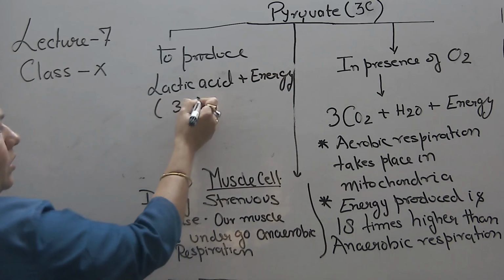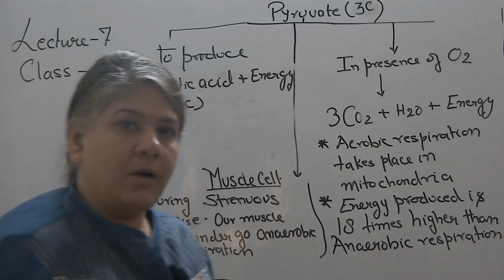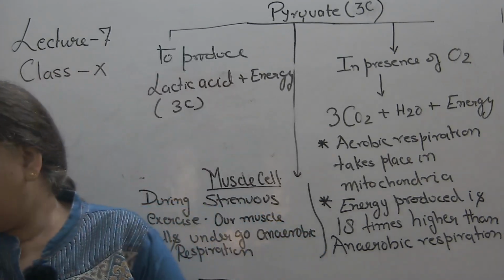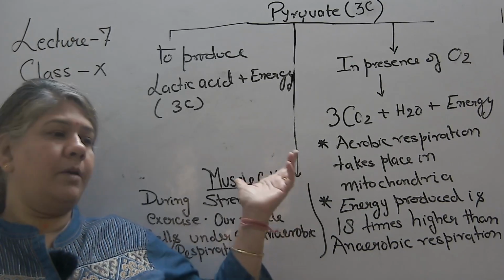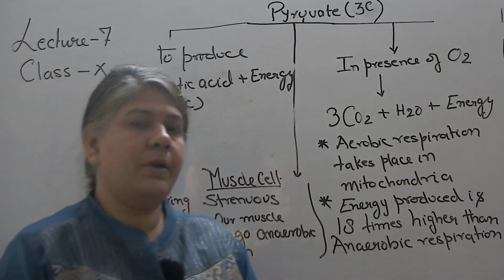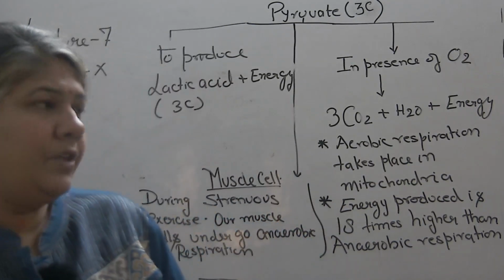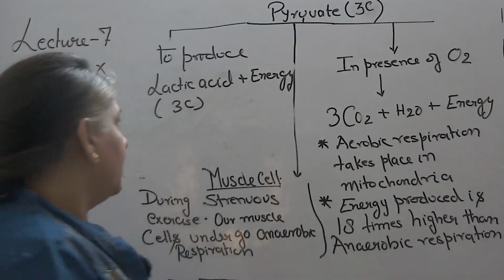Lactic acid is also a 3-carbon compound. So when this lactic acid builds up in muscle cells, our muscle cells become sore, or we start feeling pain in our muscles.